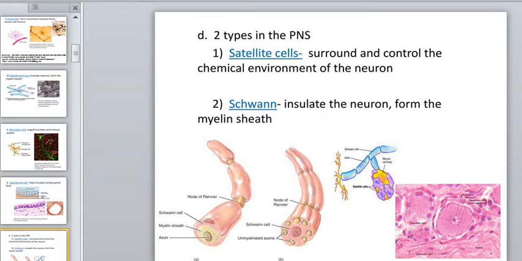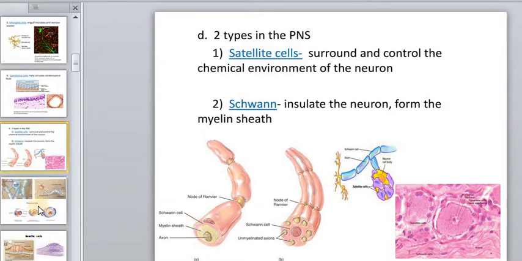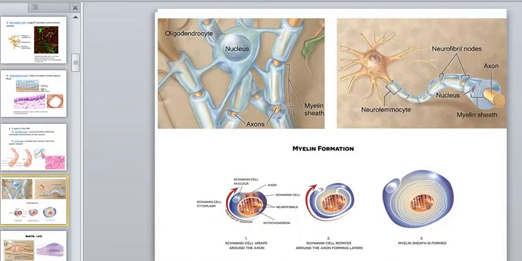nervous system, and they form the myelin cover of nerve fibers, and these fibers are thicker and their functions are different from unmyelinated fibers. Here you see the Schwann cell around the axon, and the function we will discuss a little bit later.